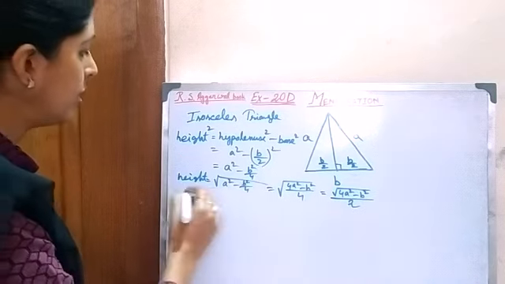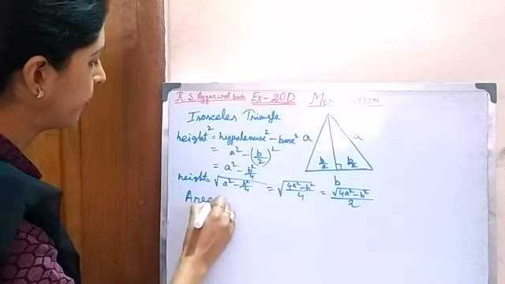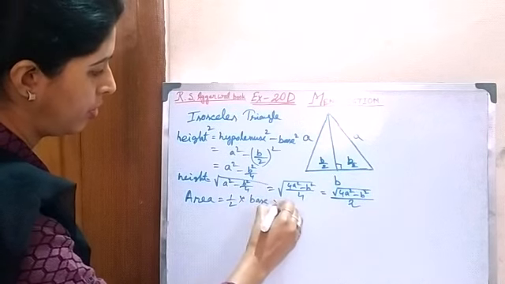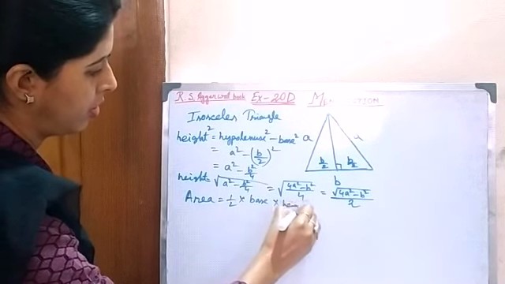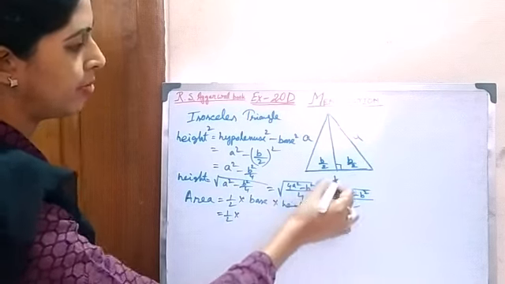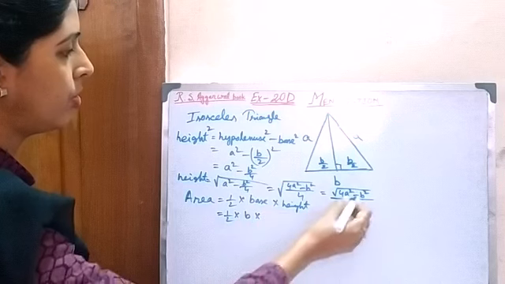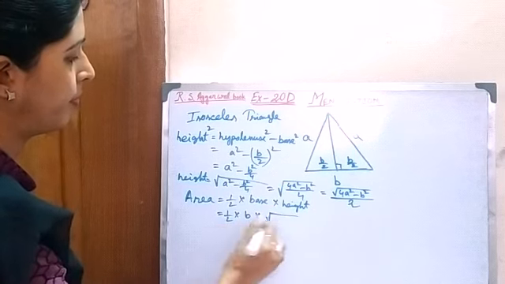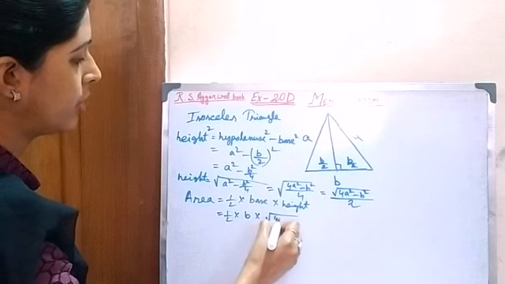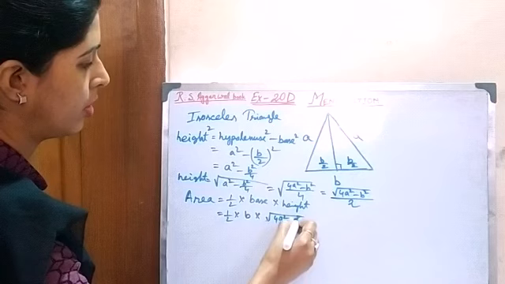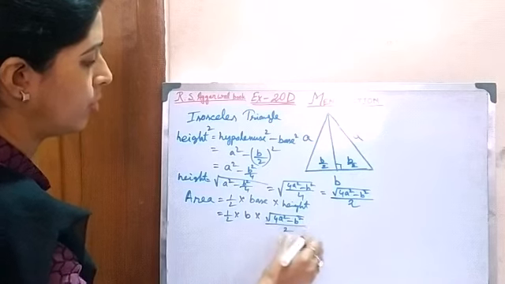So this is height. Now area equal to half into base into height. So half into base means b, into height, root over 4a square minus b square divided by 2.